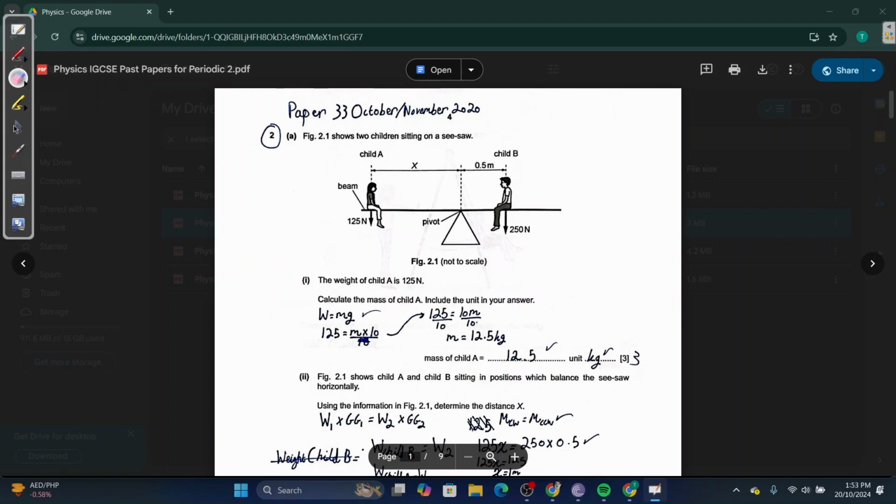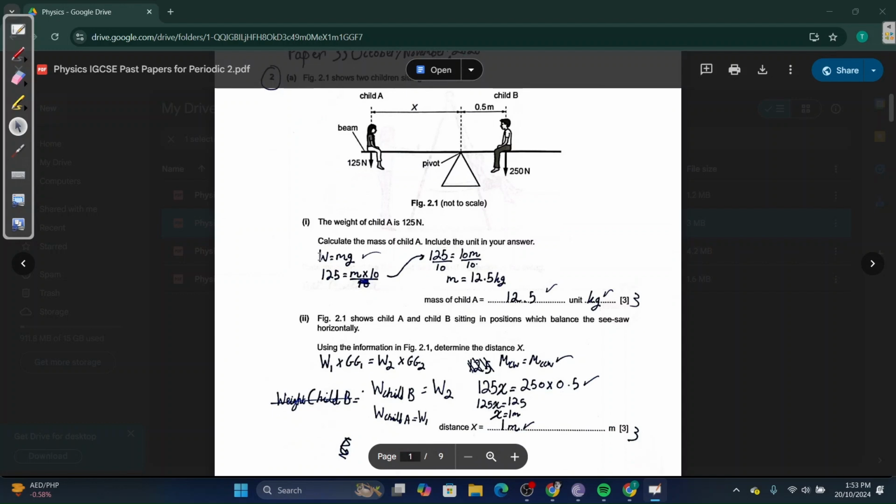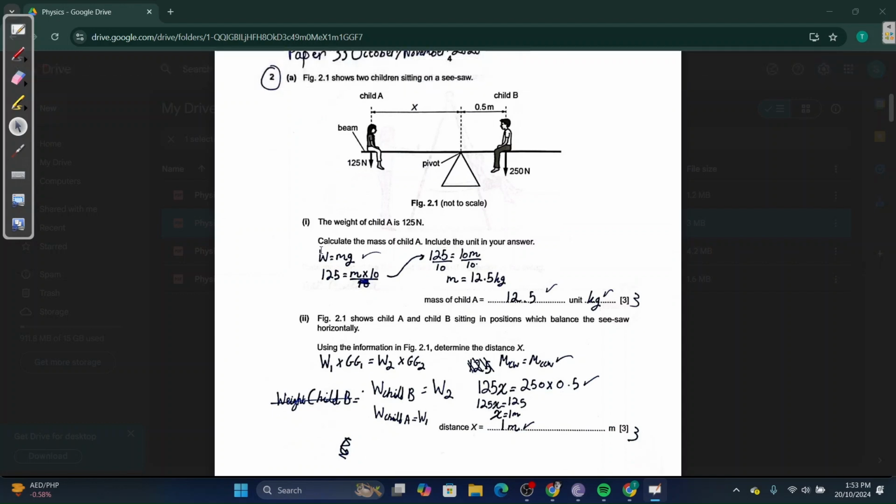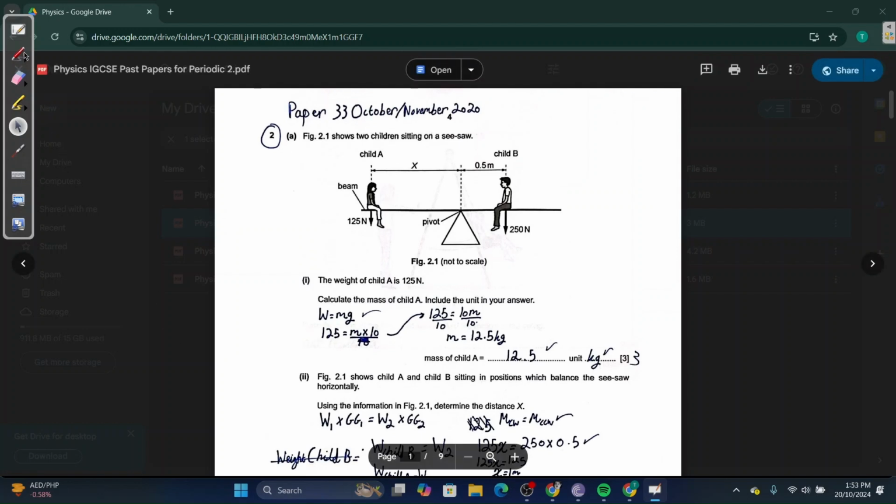Okay. Figure 2.1 shows child A and child B sitting in positions which balance the seesaw horizontally. Using the information in figure 2.1, determine the distance x. For this one, we're gonna use the formula W1 times GG1 equals W2 times GG2.